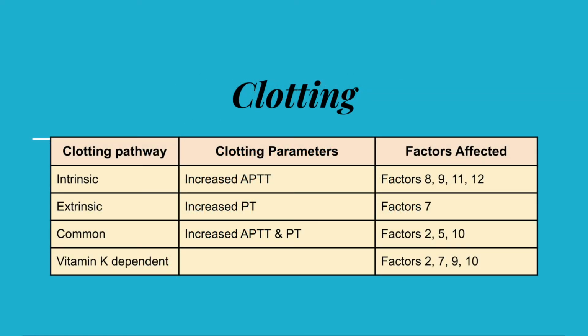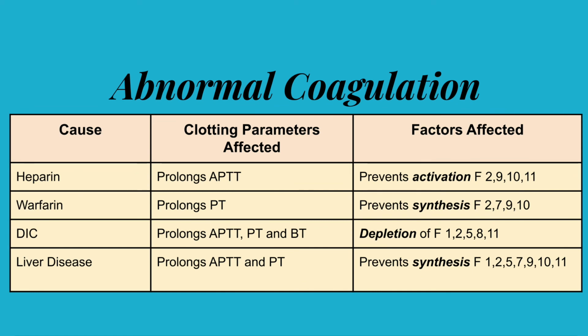I have included a few slides on the summary table of the coagulation cascade clotting factors, as well as a few examples of iatrogenic and genetic causes of coagulation disorders.